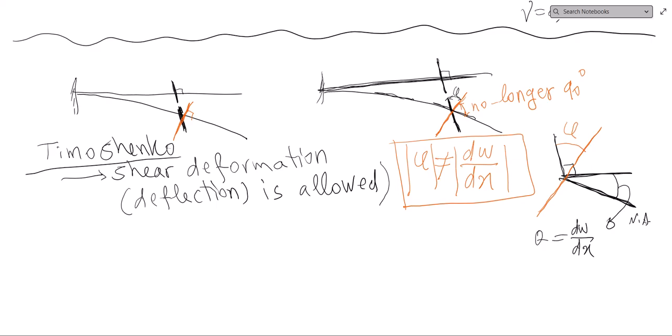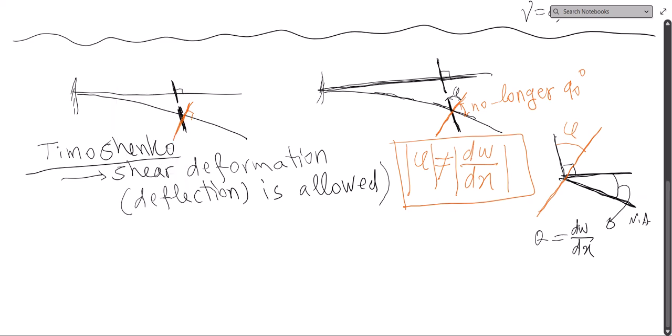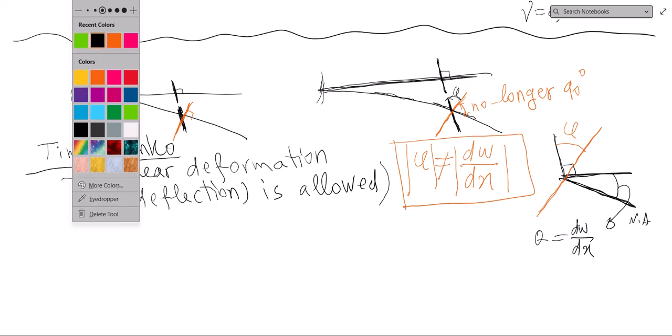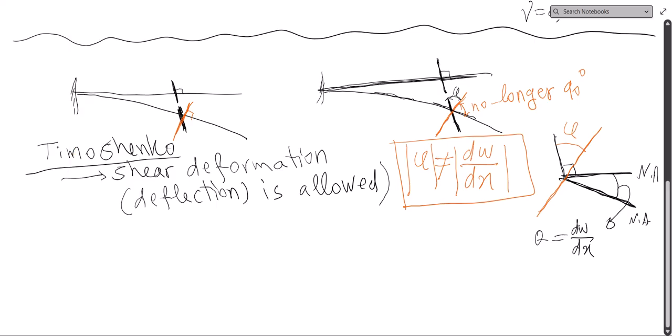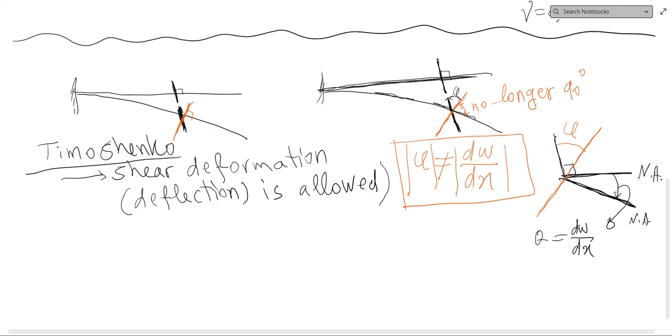Now, what is phi then? How much is this angle? Let's come here, and maybe I pick up another color. If this is theta, which I mentioned here, this is the old neutral axis and the deflected neutral axis. So this is deflected based on this.